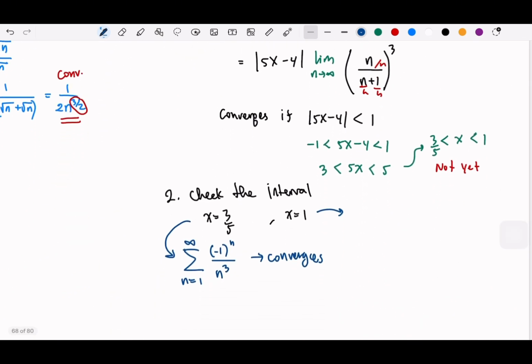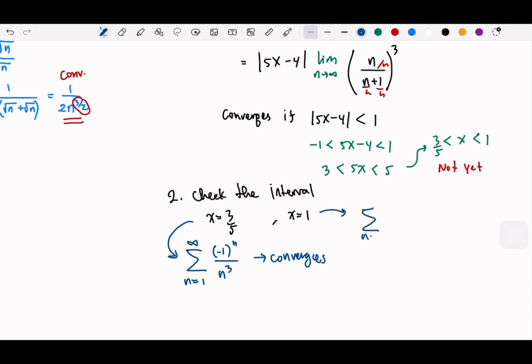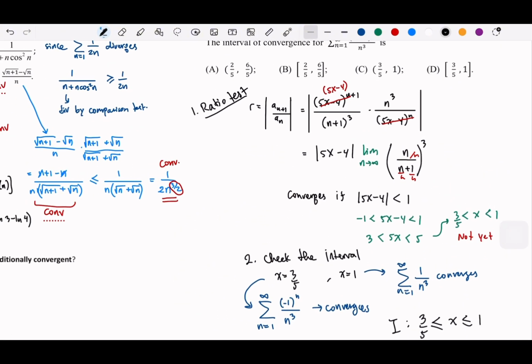So basically this is just 1 over n cubed, which is convergent. So the interval of convergence is 3 over 5 to 1, including both endpoints. So this will be point D. Okay, that's the answer.